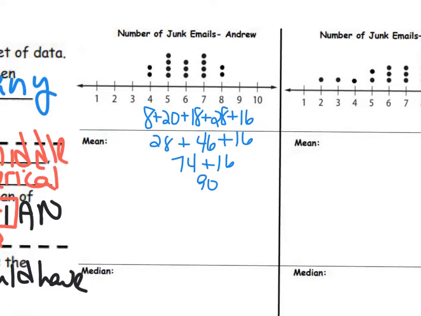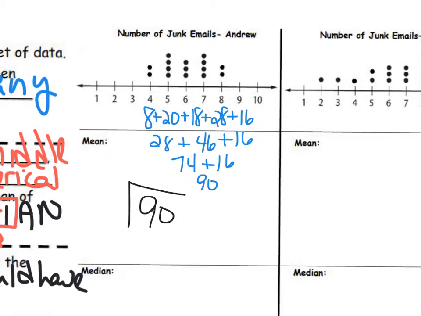Okay, now that we have the total, what do I do next? You divide by how many numbers? So I'm dividing 90 by how many? 5? So it's 5 of them? So we have 5 dots. No, that means we need to count the dots.